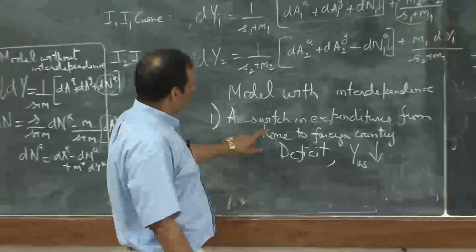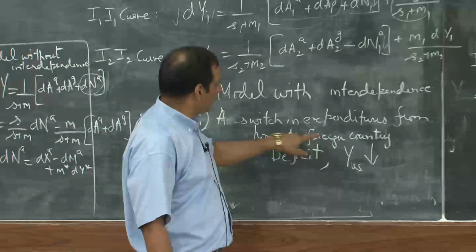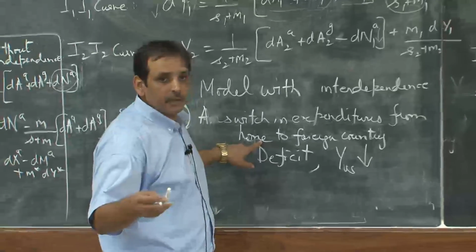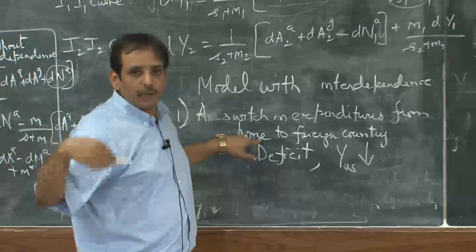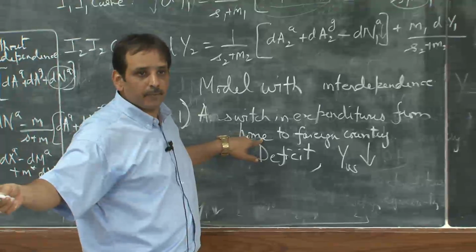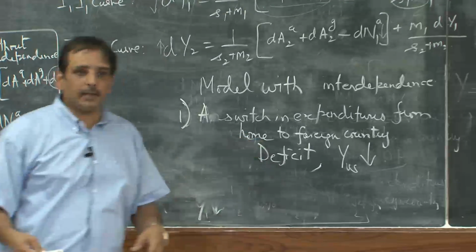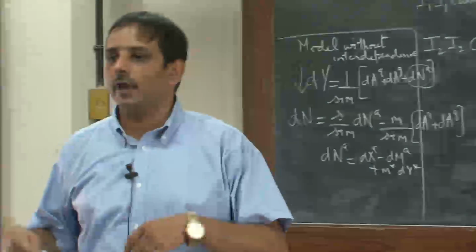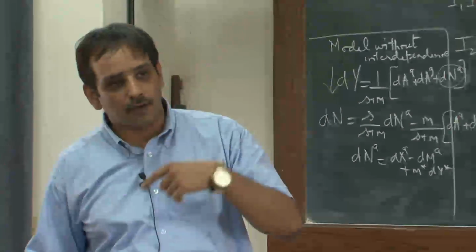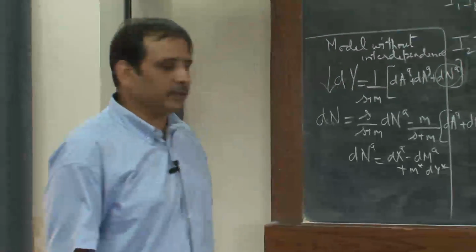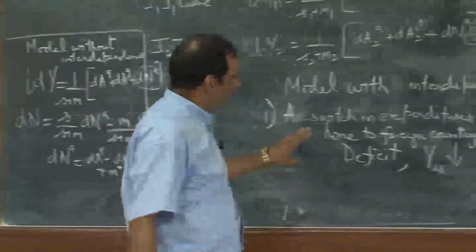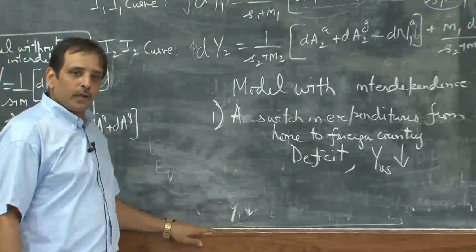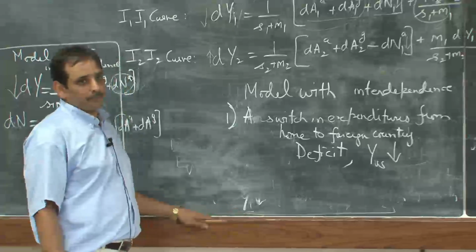So remember, when you move your expenditures from foreign to home goods, you are depreciating your currency, but for the others, when you depreciate, they appreciate. Okay? So either you can depreciate your currency, or if you don't want to do anything, you would expect that the other country would appreciate their currency to bring the economy back to equilibrium. So the appropriate policy is switching back.